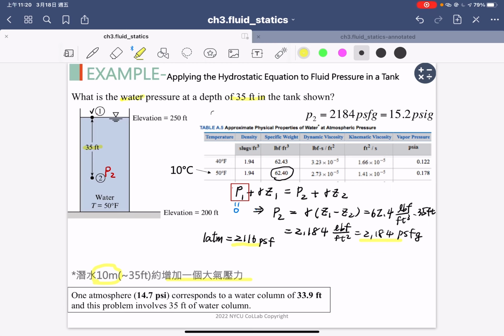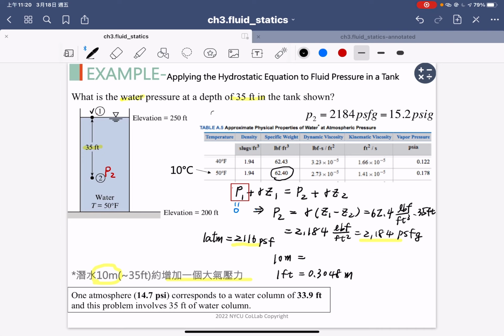Okay, and we know that 10 meters is around... because we know that 1 ft is equal to 0.3048 meter.